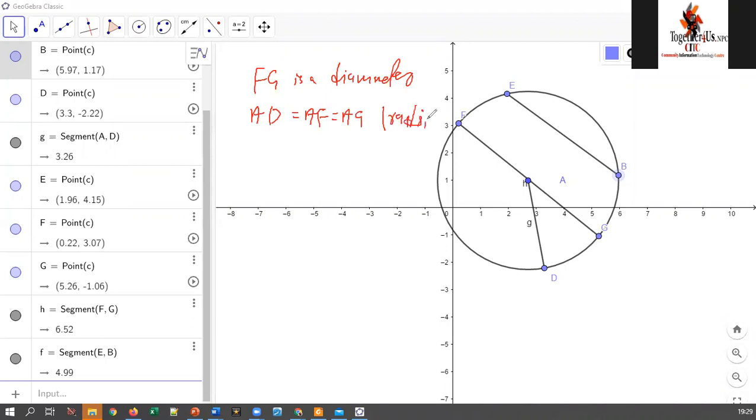They're both lines from the center to the circumference, okay? And we know that EB is a chord. As a matter of fact, a diameter is a special chord that passes through the center, okay? So we can just say this is a special chord, just that it passes through the center.